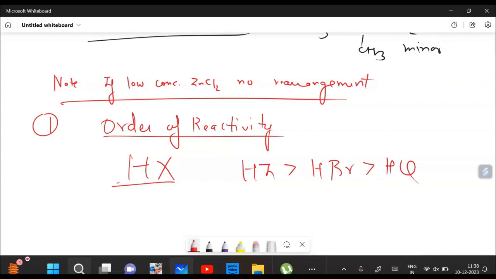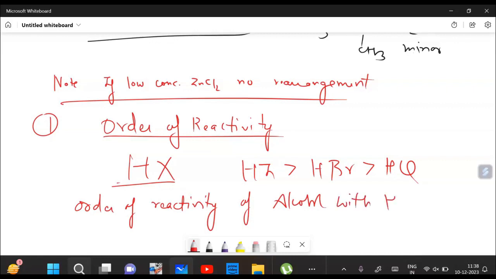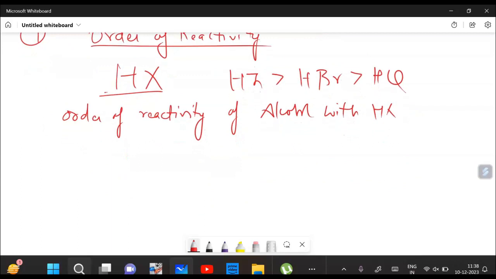The order of reactivity of alcohol with HX, you must remember this also: tertiary is the most reactive, then secondary, and primary.